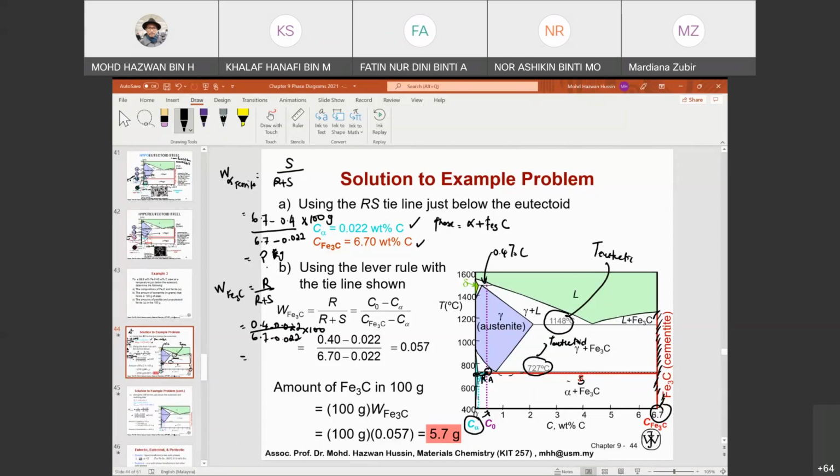Then you will get the amount of cementite that is formed, equal to 5.7 gram. So this is for cementite lah, but for ferrite it will be the opposite. So 100 minus 5.7 grams, you will get maybe around 90 something of ferrite that forms. Okay. Right.